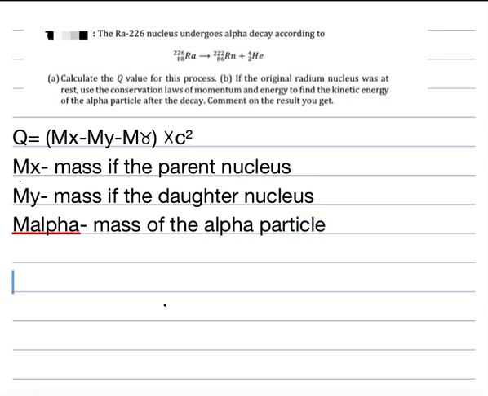If you look at your periodic tables, or for accuracy, if you look at your data booklets, you'll find that the mass of radium is 226.025410.